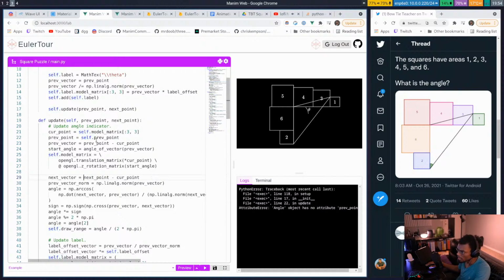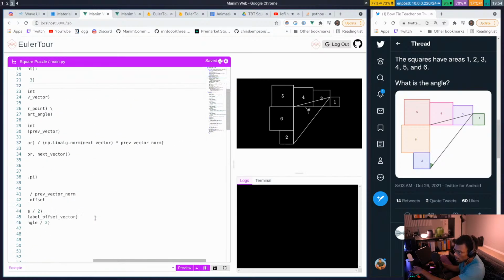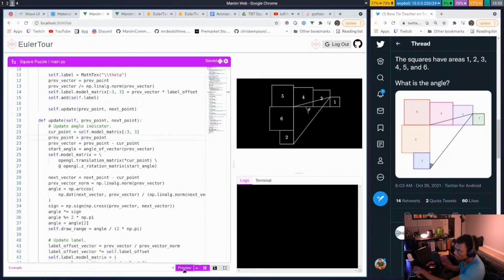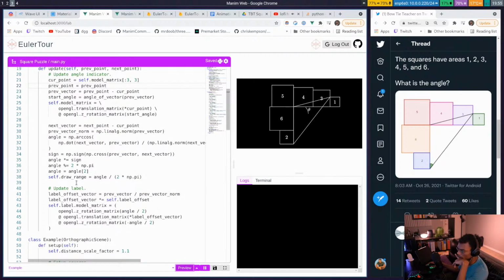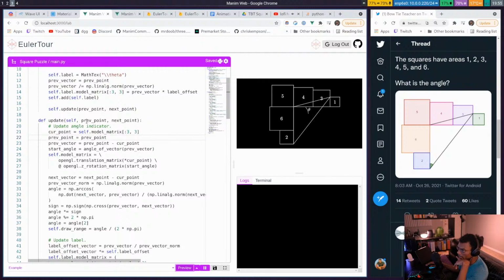So here it shouldn't be self. I think that's it. So that's good. And maybe that's it, actually. There's an update function.